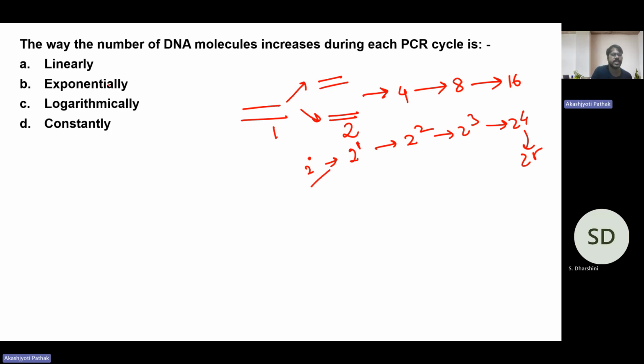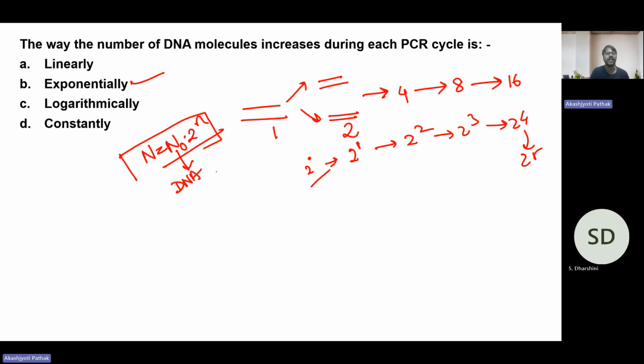So this is exponentially increasing. So answer is exponential. So any exponential growth, bacterial growth curve, anything, it goes by this formula: N equal to N naught into 2 to the power n, where n is the number of cycles and N naught is the initial number of DNA molecules, say for example. Okay, so for bacterial growth curve also, this was the formula. Any exponential reaction follows this formula.